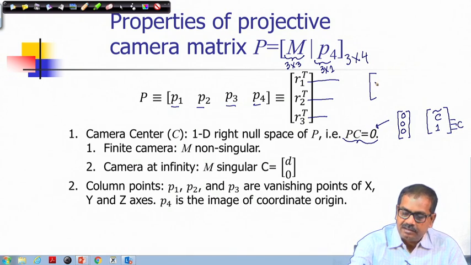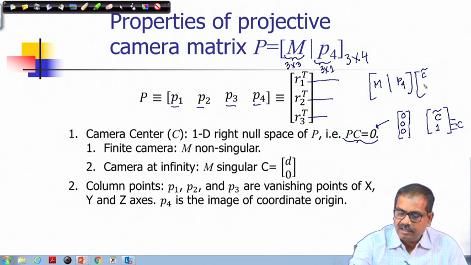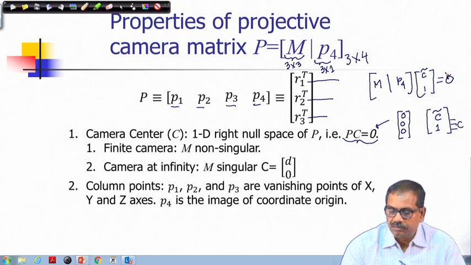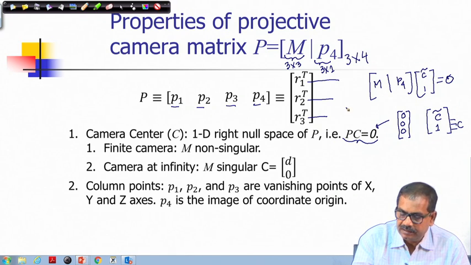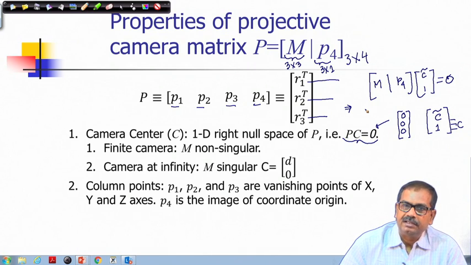So I can write this relation as M P 4 times C tilde 1 equals 0, which can be expressed if I perform the submatrix multiplication.